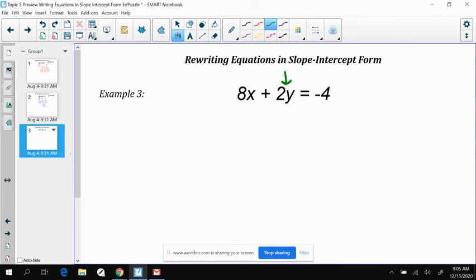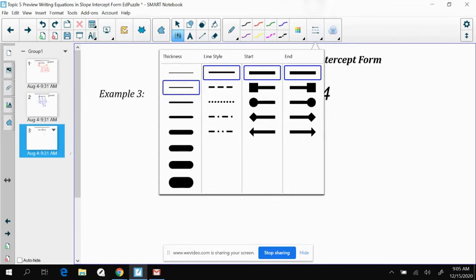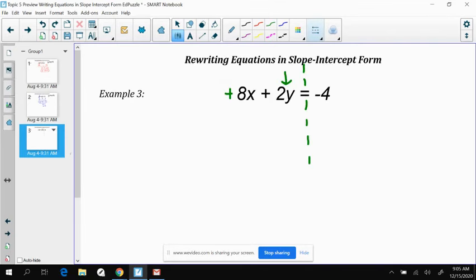Okay, I do see that 8x. As a reminder, that is a positive 8x. So let's rewrite this equation in slope-intercept form. First we need to undo this positive 8x on the left. And to undo positive 8x, we take 8x's away.